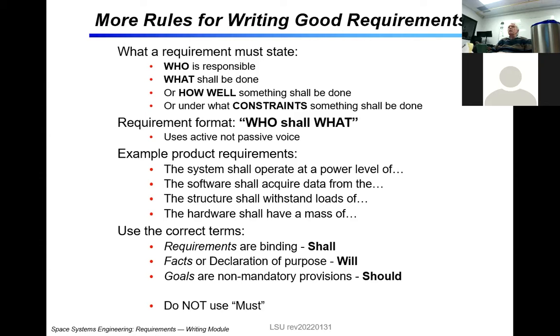The battery subsystem shall provide 28 volts. That is what that battery will do. Okay? Here are some examples. The system shall operate at a power level of... The software shall acquire data from the... The structure shall withstand loads of... The hardware shall have a mass of... Okay?